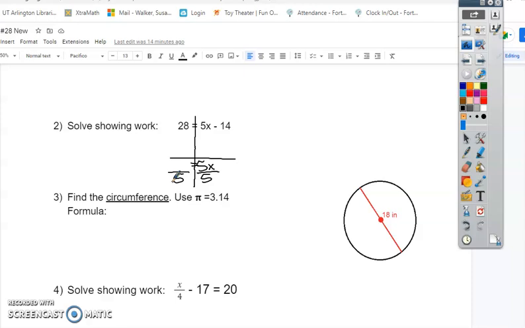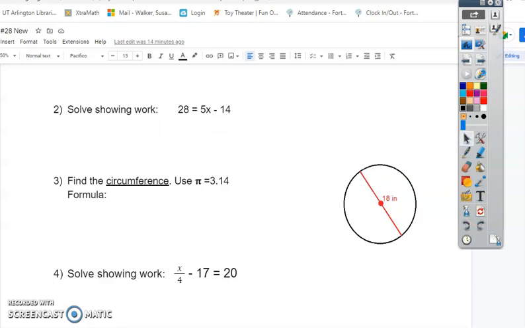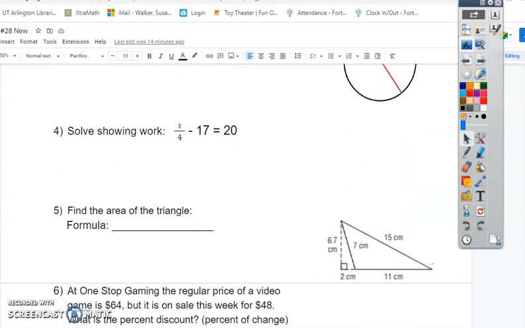Number 3, we have circumference. Label this radius or diameter. Number 4, same thing as before, except this time we have x over 4, okay? So I'm going to let y'all do the first step.